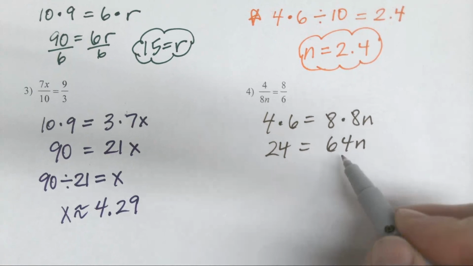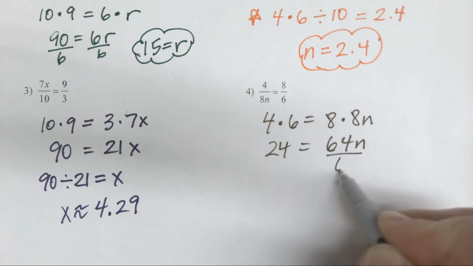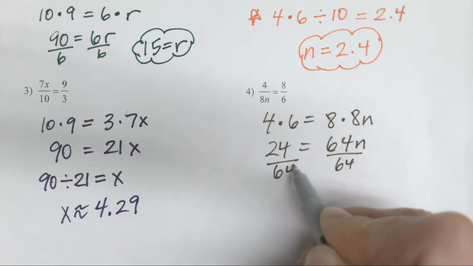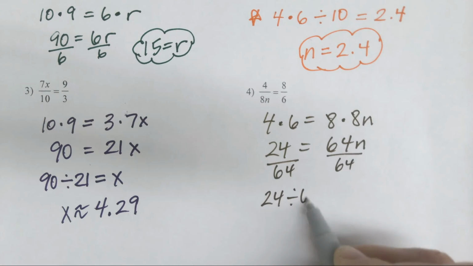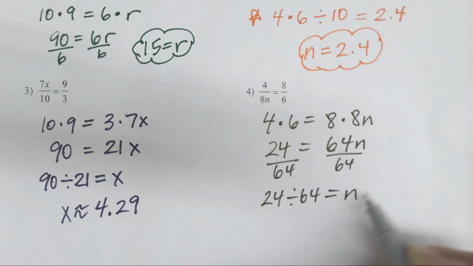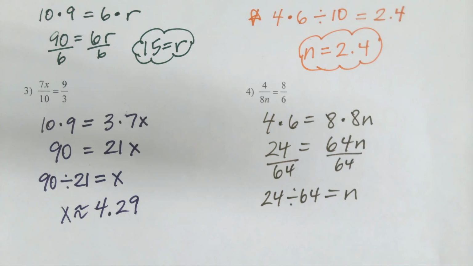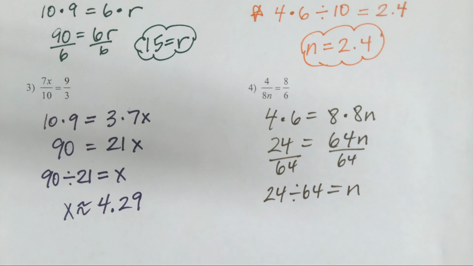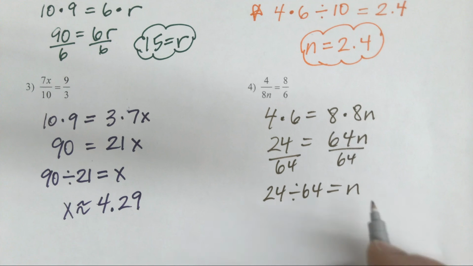Then I will divide by 64, divide by 64. So 24 divided by 64 is what's going to give me the n value that I'm looking for. Plugging it in, 3.75 is what I get.